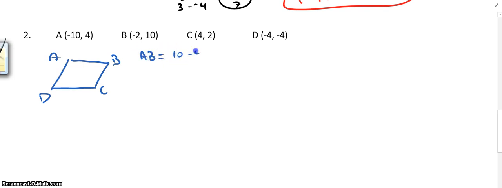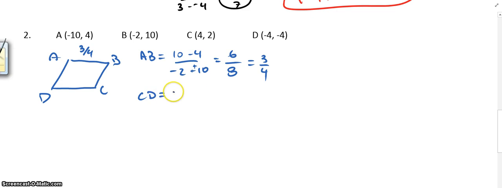I have 10 minus 4 over -2 minus -10, which gives me 6 over, keep, change, 8, which is 3/4. And for CD, we have -4 minus 2 over -4 minus 4, keep, change, is -6 over -8, which is 3/4.